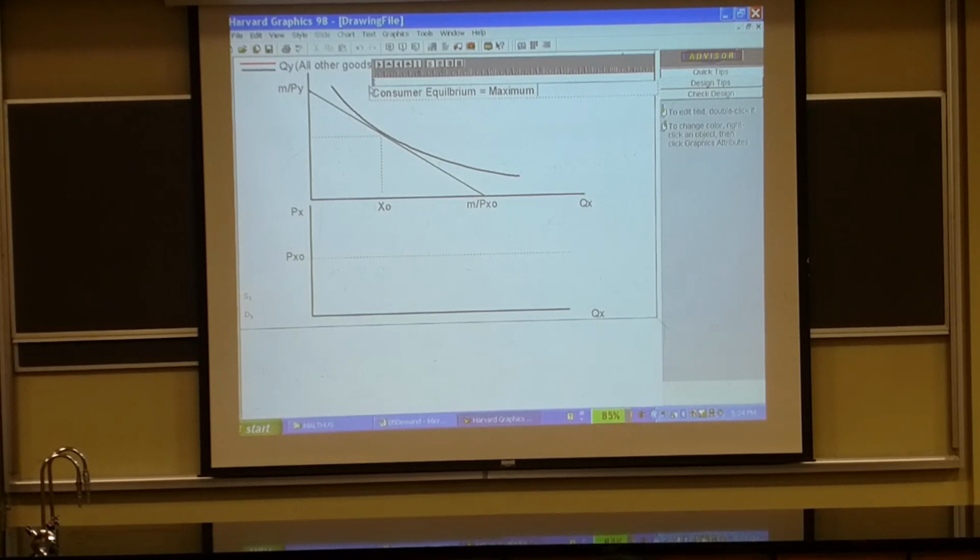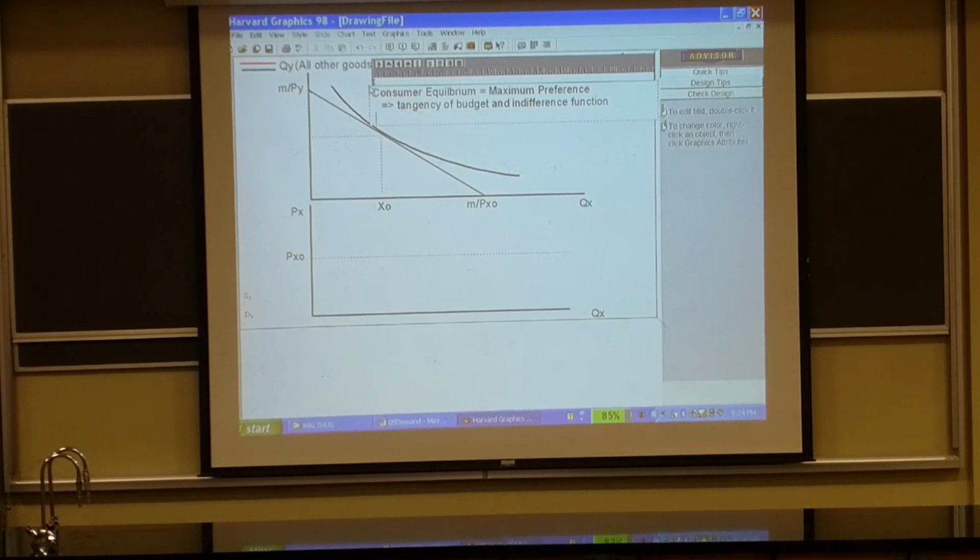They pick the best combination, the combination they prefer the most, which implies tangency of the budget line and the indifference function.